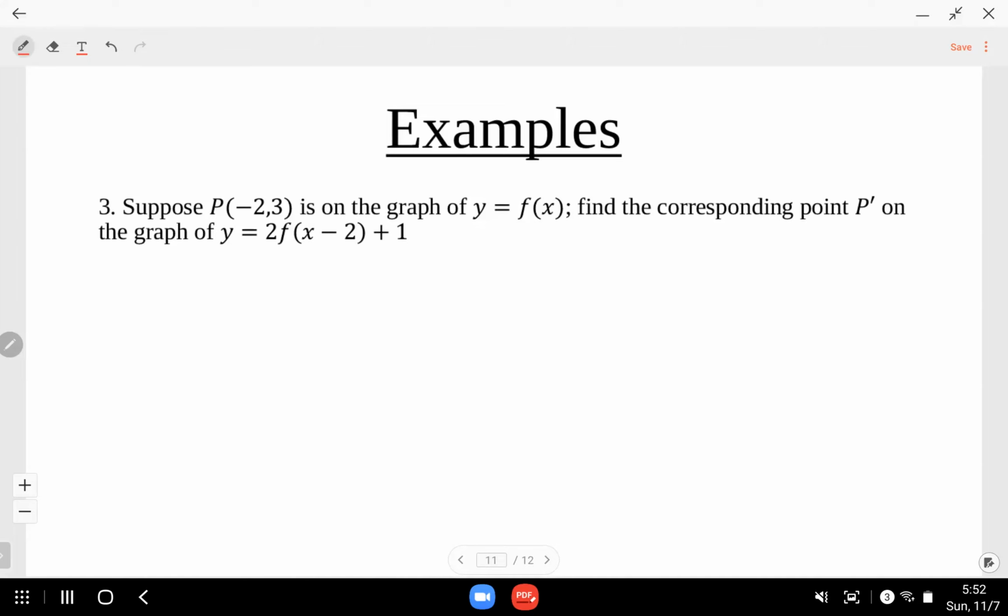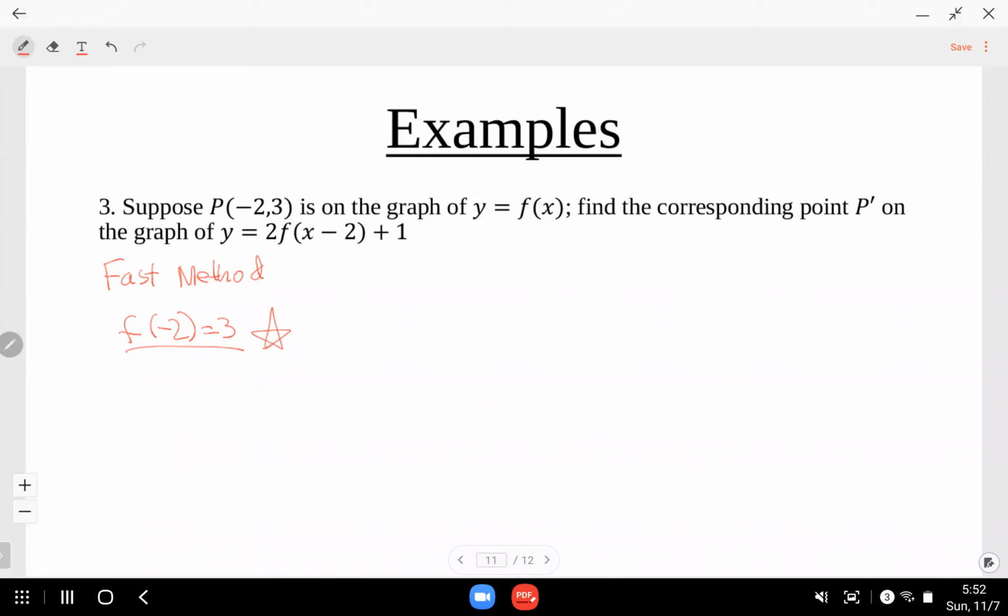Then okay, so let me introduce this fast method. So what does it mean for P to be on the graph of f? That means that f of -2 equals 3, and this is the key here. We need to know this.